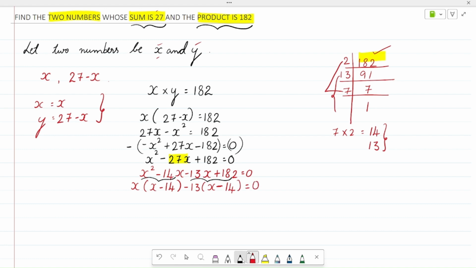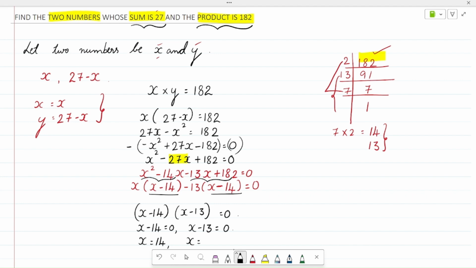Now again, if I consider these as a whole, there is something common. When I take x minus 14 out, I'm left with x minus 13, which is equal to 0, which means I can equate both of them to 0. And what would I be ending up with? Very simple, x equals 14 or x equals 13.